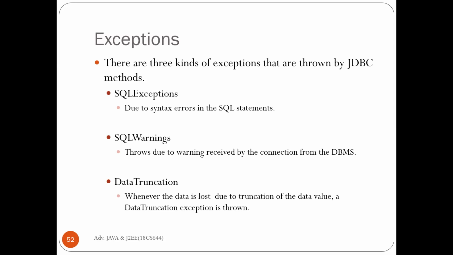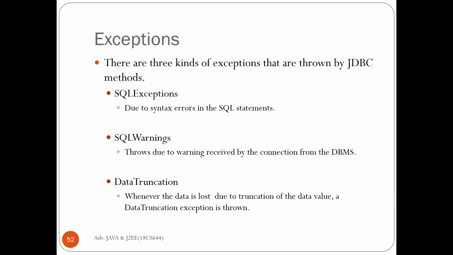With this, we have completed all the topics covering this particular module, that is JDBC. We started with what is JDBC and why it is required to connect to the database. Then we discussed the drivers, the different types of drivers, type 1, type 2, type 3, type 4. Then we discussed the JDBC process, which means the 5 steps in connecting to the database, and each of those 5 steps.